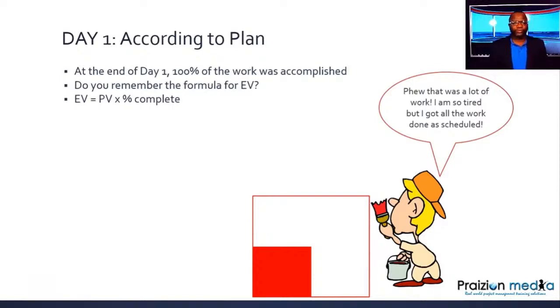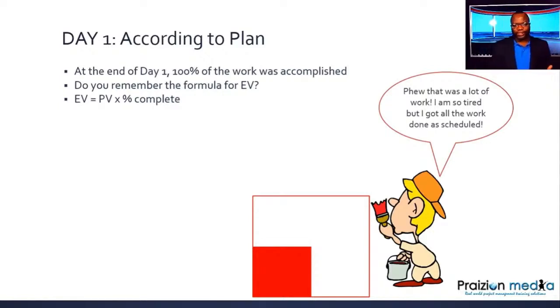Do you remember the formula for EV? EV is PV times percent complete. Okay? We could also have another formula that says from the perspective of BAC, earned value is percent complete of the BAC times the BAC.